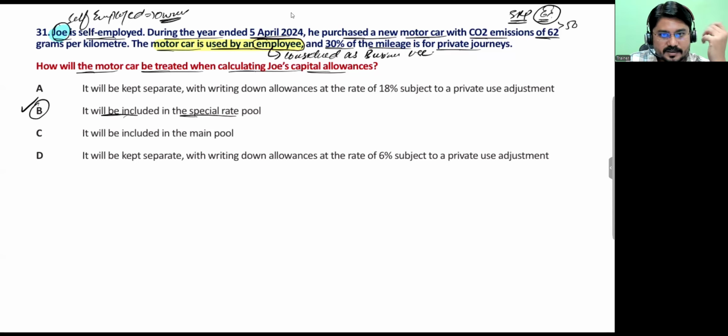For example, if it were mentioned that this car is used by the self-employed person, then it would be kept separately as a privately used asset. Then D would be our correct answer. But you need to check the scenario very carefully. This car is not used by the owner. It is used by an employee, and employee use is considered business use. Whether it's a car or any other asset, if an employee is using it, that use will be considered business use.